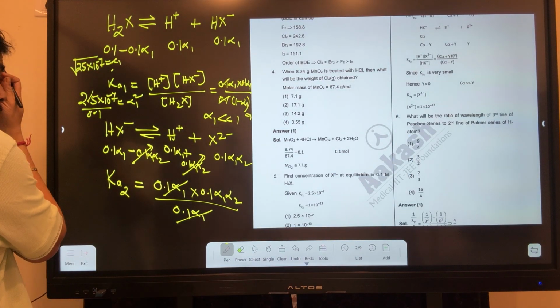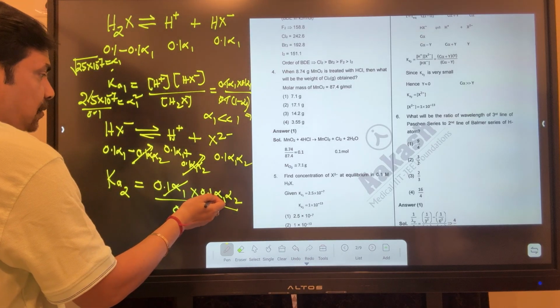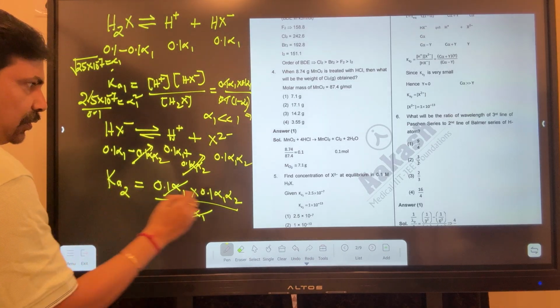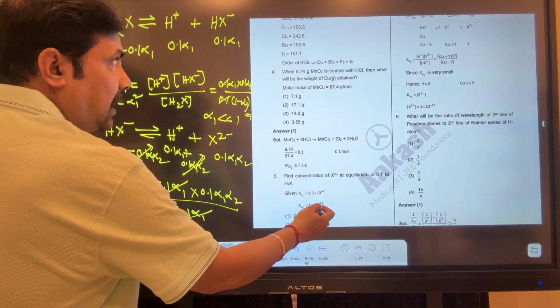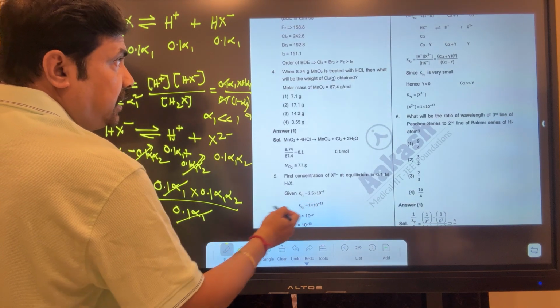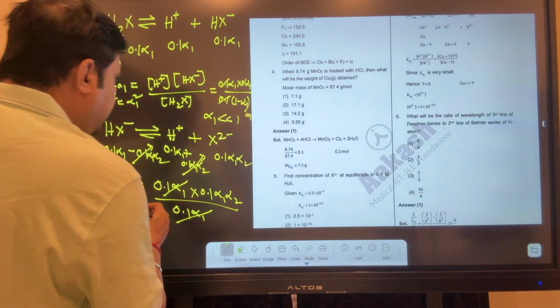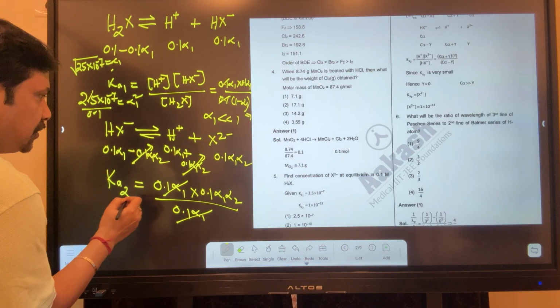And then if you keep over here alpha 1 equals to this value under root of, and K2 value is nothing but 1 into 10 to the power of minus 3. That also if you put over here, then immediately you will get over here the situations.